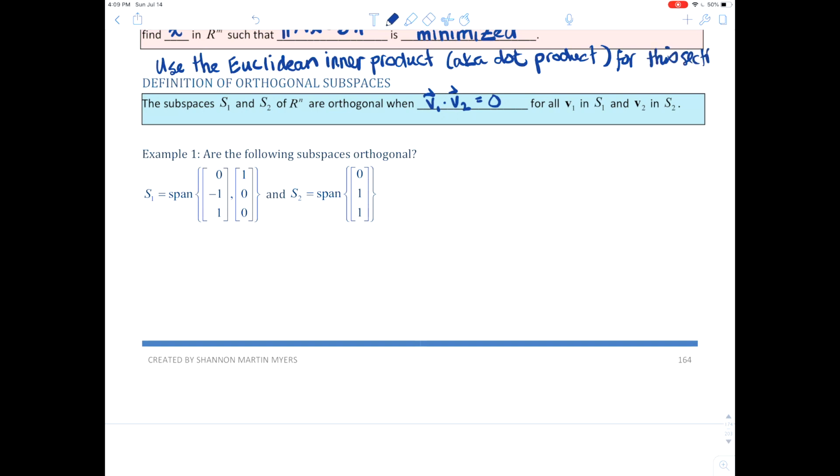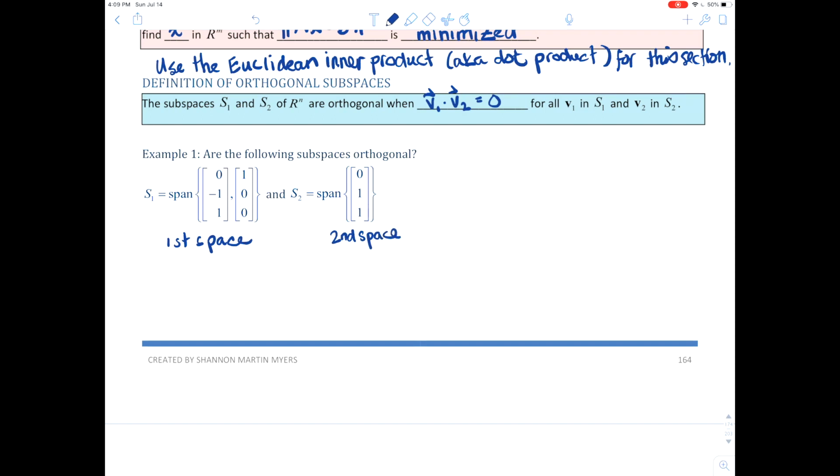For this section, the first example: are the following subspaces orthogonal? Well, what should we do? First of all, maybe we ought to take a look at what we have here. So we have two spaces, right? We could think of this space as the first space and this one as the second space.